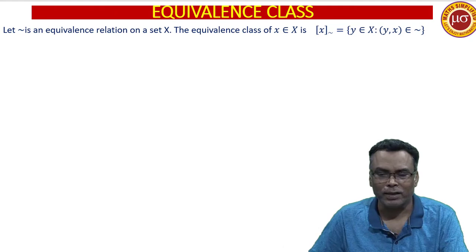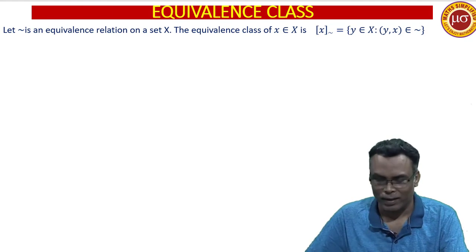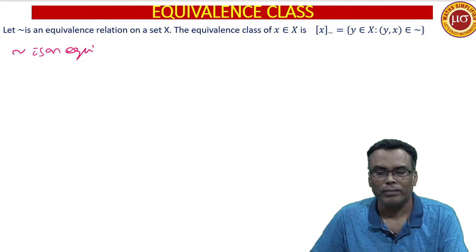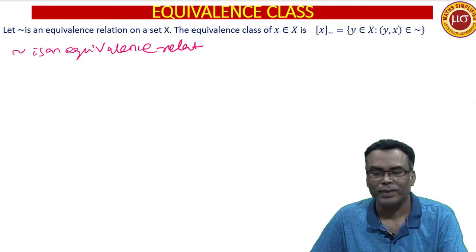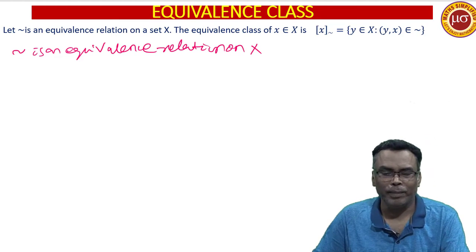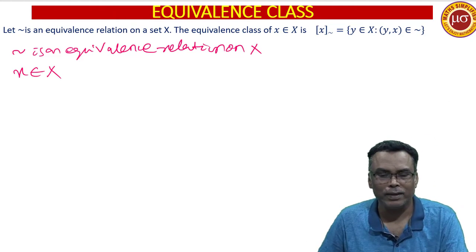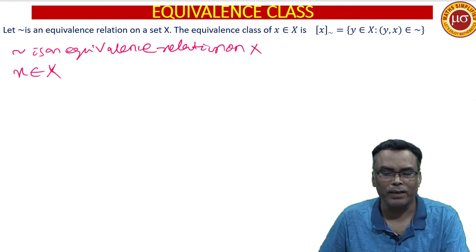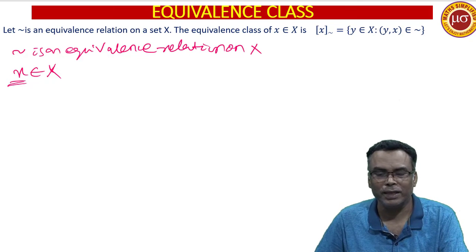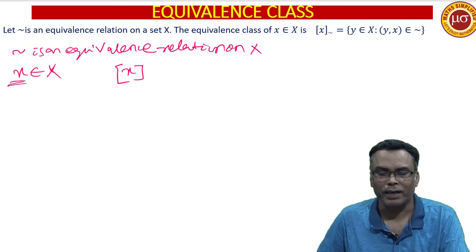Now let us consider this wiggle is an equivalence relation on set X. For any element x of X, the equivalence class of this element x is denoted by this bracket x.